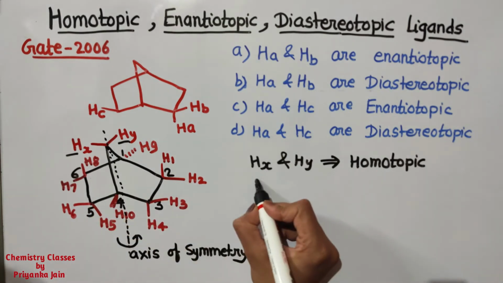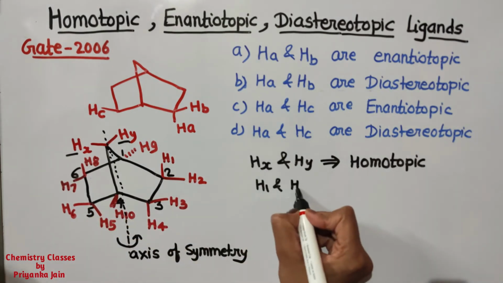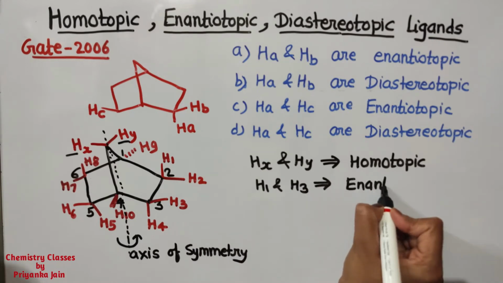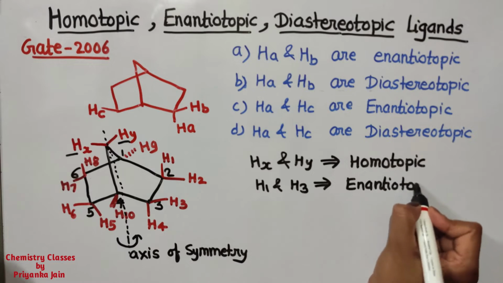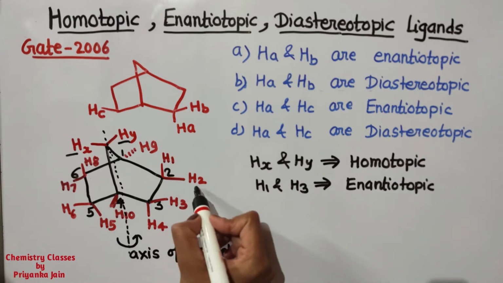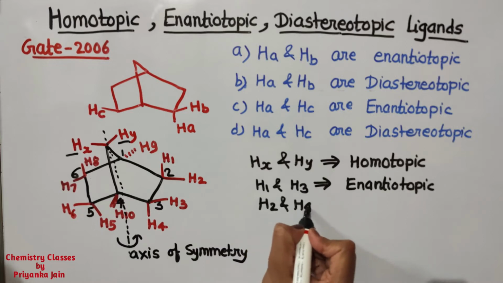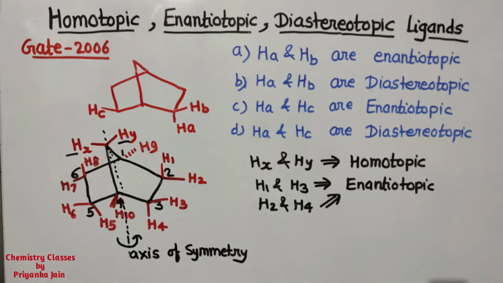So H1 and H3 will be enantiotopic. Similarly, H2 and H4 also reflect each other, so they will be enantiotopic.